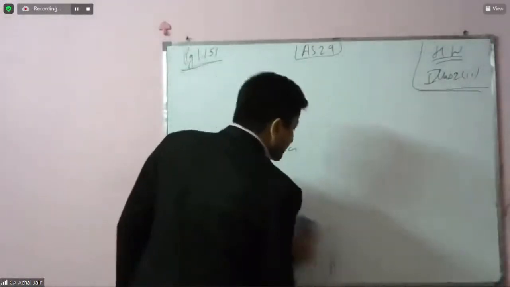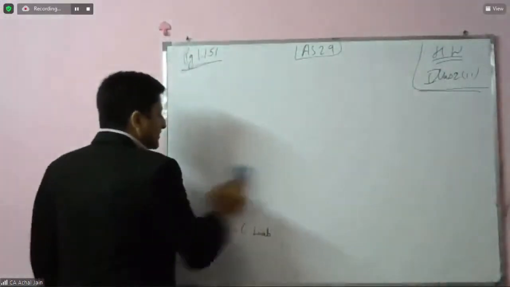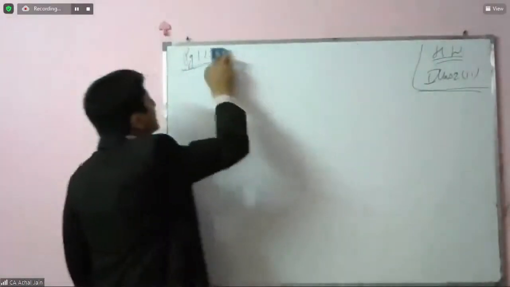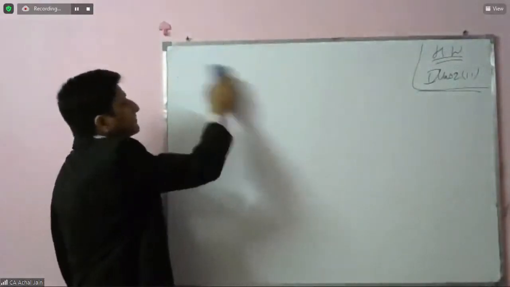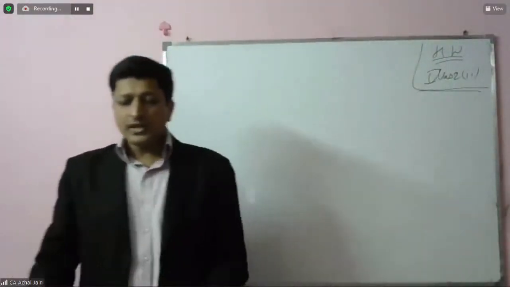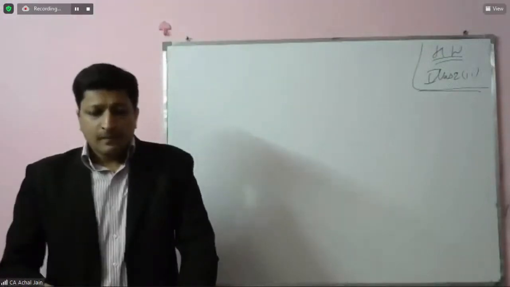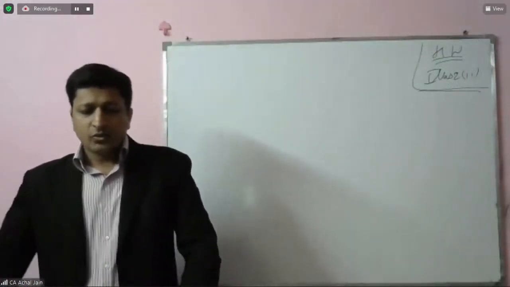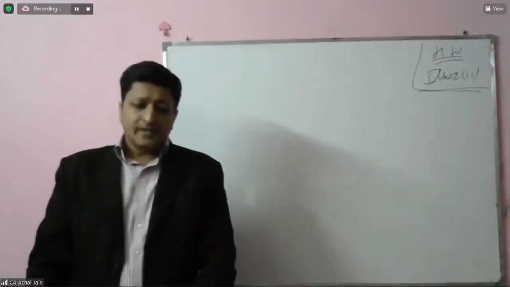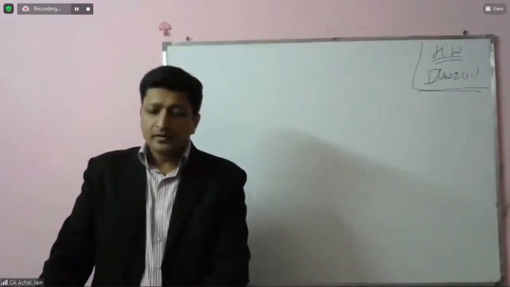We will pick up another standard now. But before that, if you have any questions, any doubts, let's discuss that. So I think we can now start with AS22. Have you all completed property, plant and equipment?